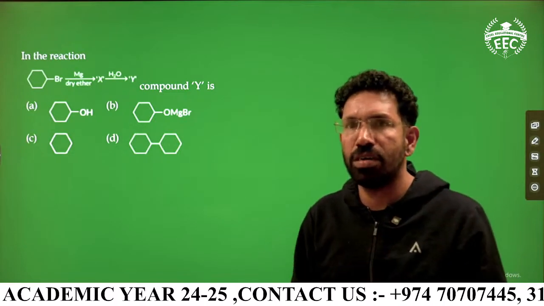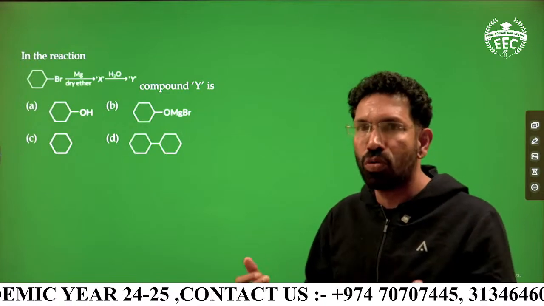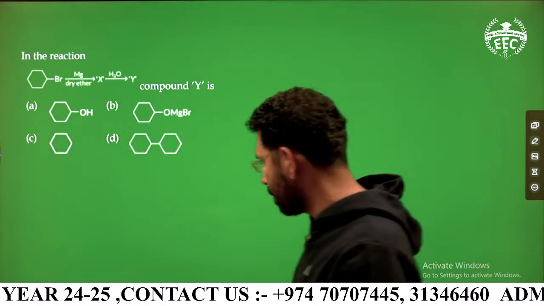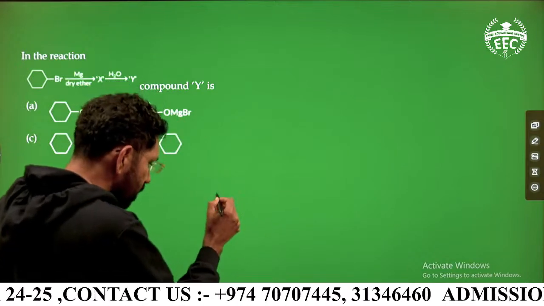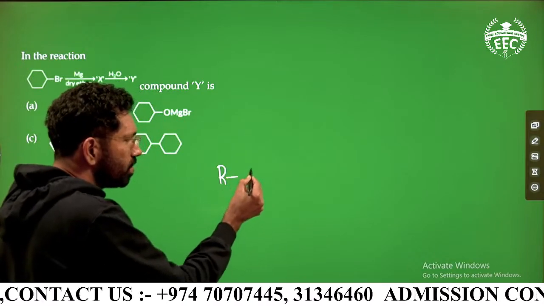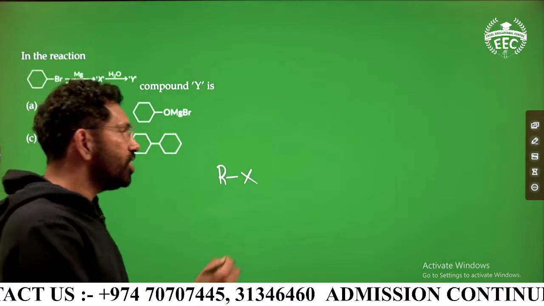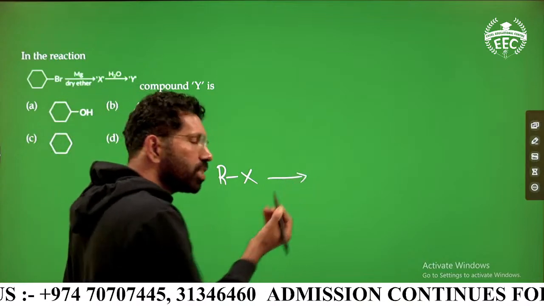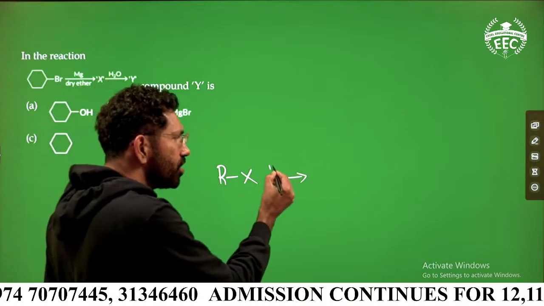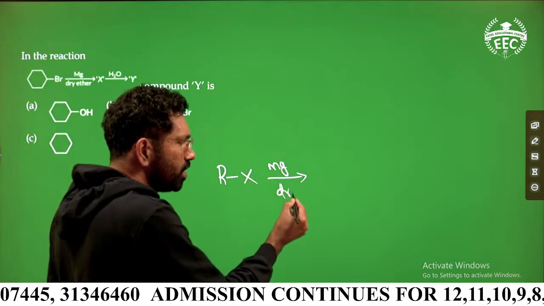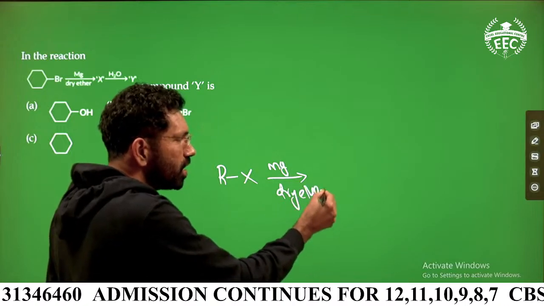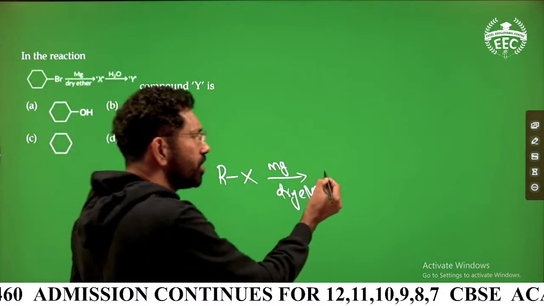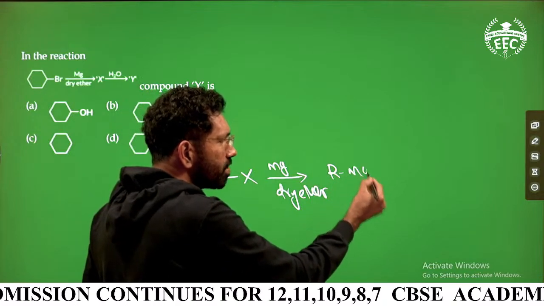We studied one rule in organic chemistry. Listen. We have a halogen compound, and we are treating it with magnesium in dry ether. You will get RMgX.